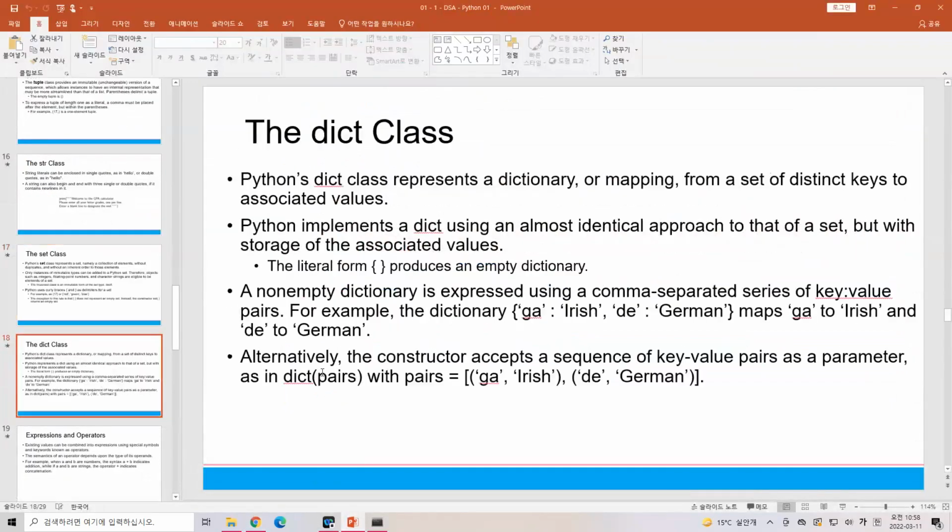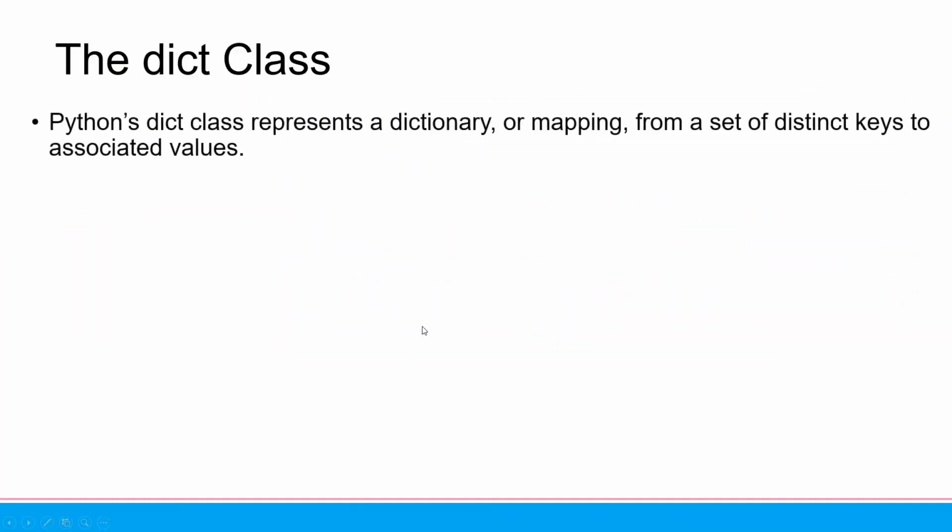Okay, and the next data structure is the dictionary. Dictionary, or the dict class, is a mapping from a set of distinct keys to associated values.